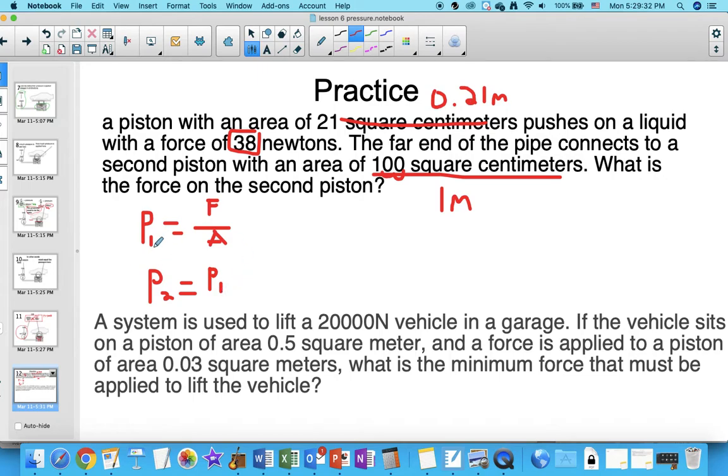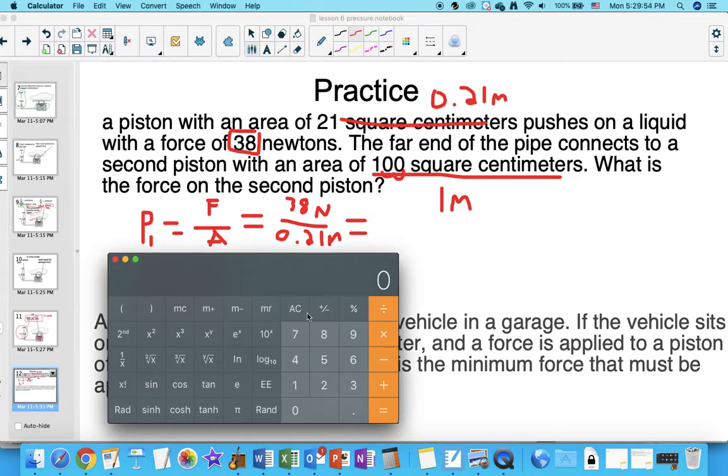We can find P1: force is 38 newtons, over an area of 0.21 square meters. 38 divided by 0.21 gives us a pressure of about 181.